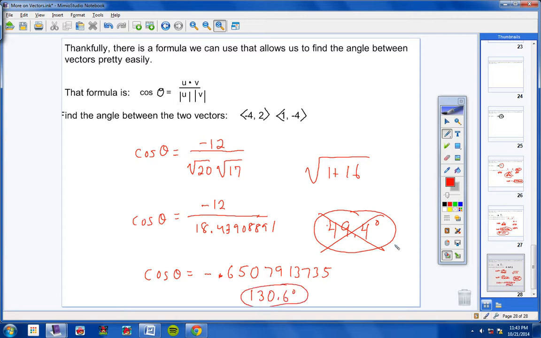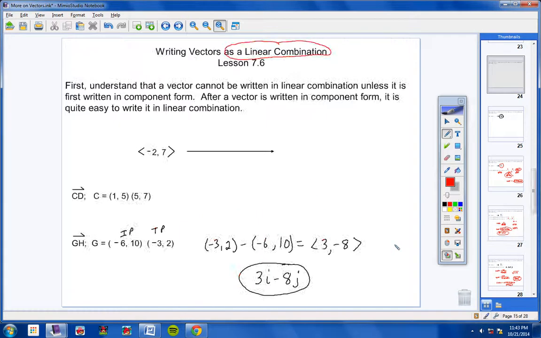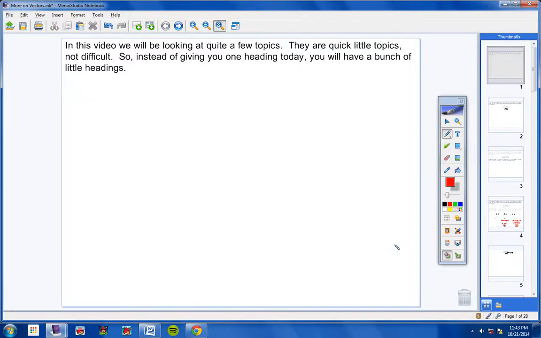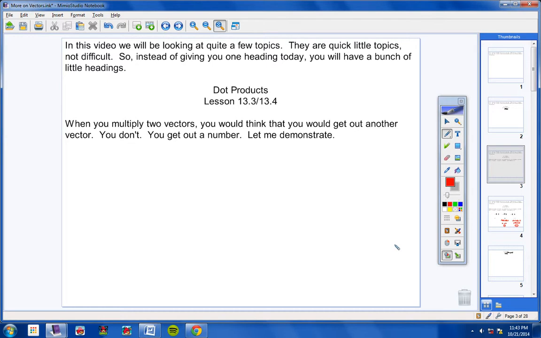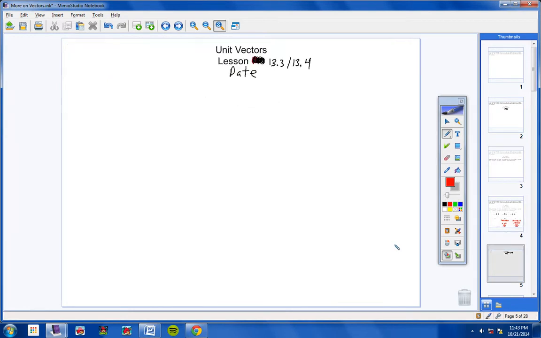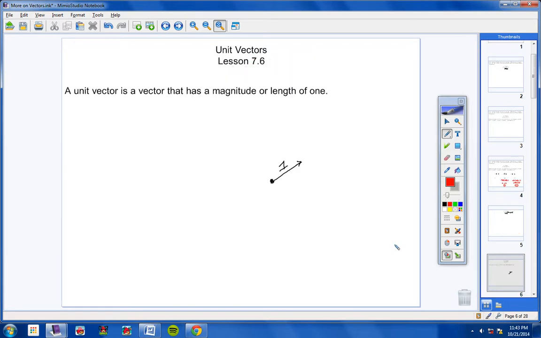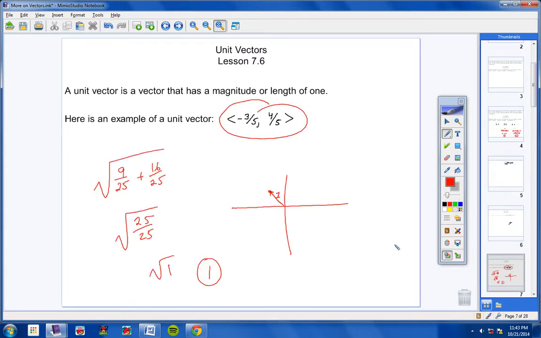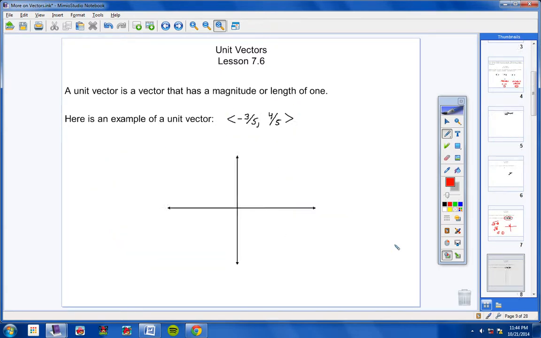So there we go. So very, very quickly, and I do mean extremely quickly, let's do this, okay? Let's review. First of all, you should be able to find the dot product of two vectors, okay? Next, you should be able to find a unit vector. You should know what a unit vector is and be able to find a unit vector going a certain direction, okay?